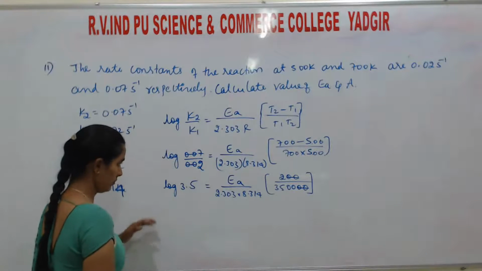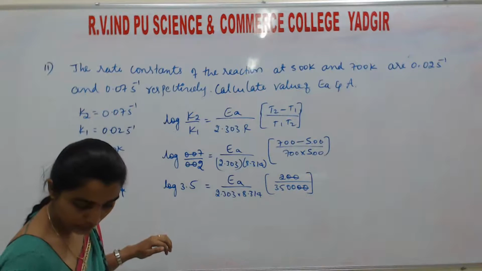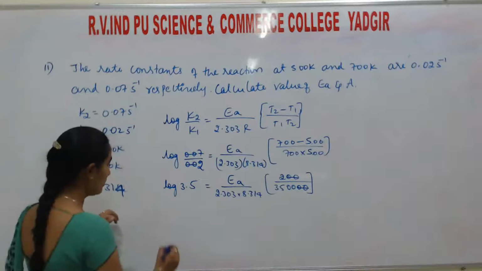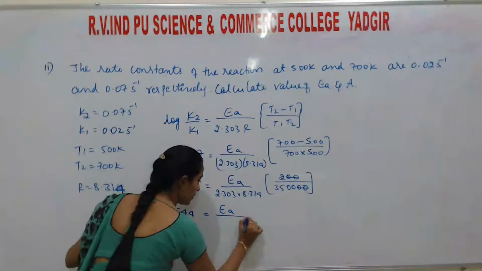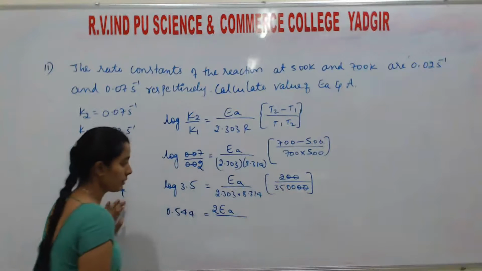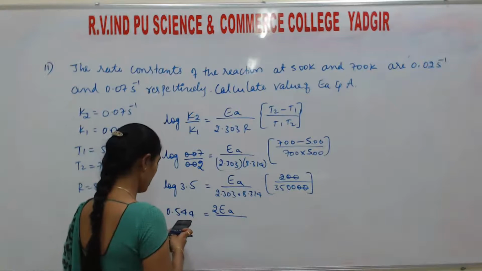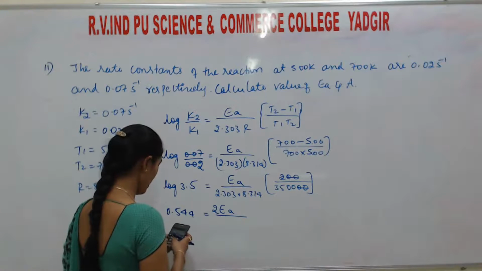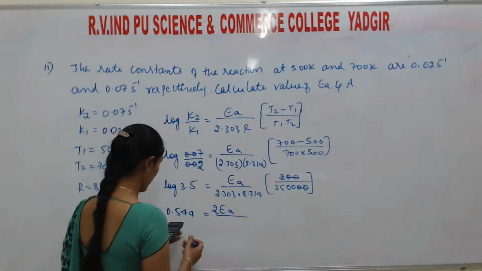So if you multiply, students, you get the log 3.5 value, which is 0.544, equal to EA divided by 2.303 into 8.314 into 350000.